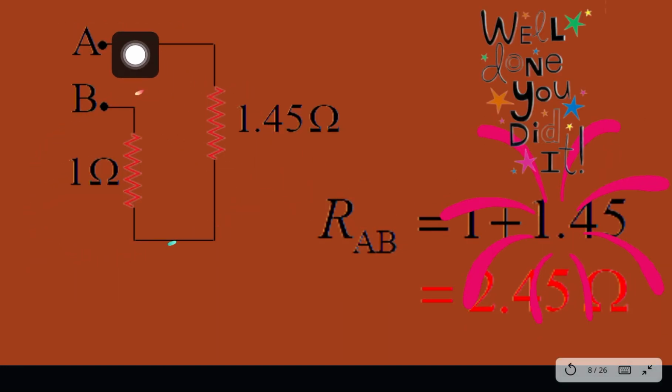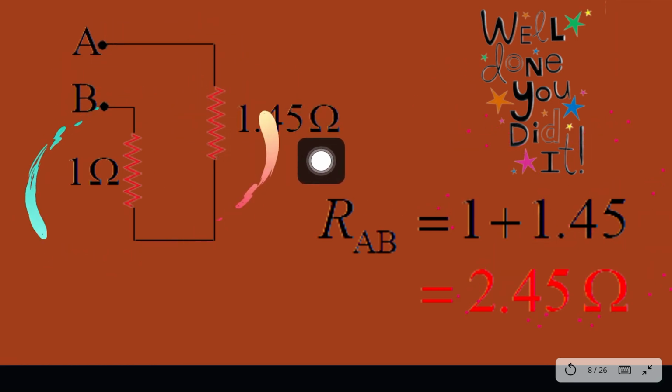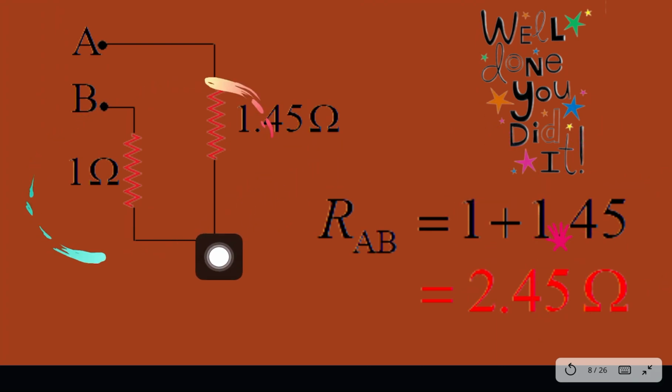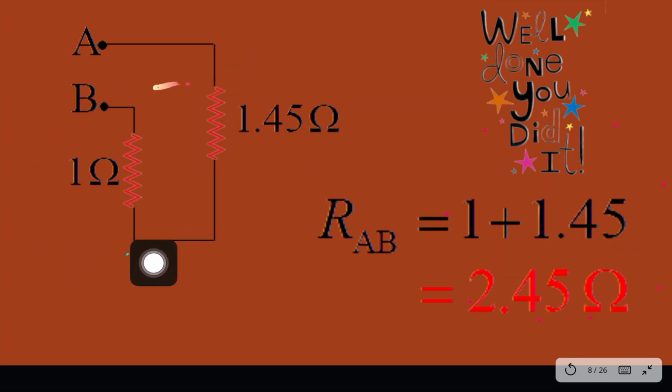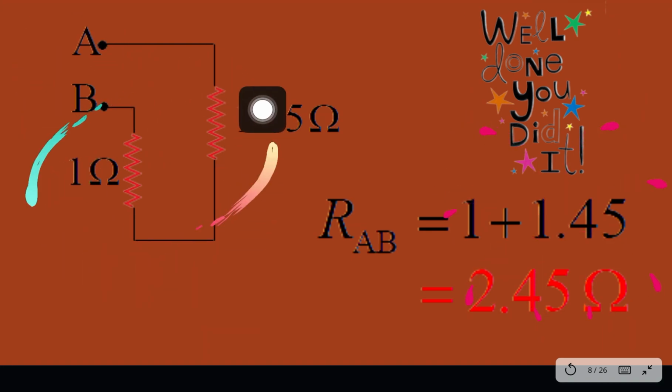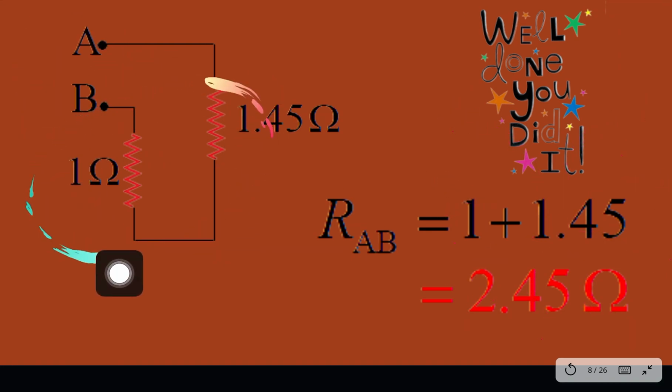And lastly, we have terminal A, and you can see the 1.45 ohm connected in series with 1 ohm. So this combination is connected in series.